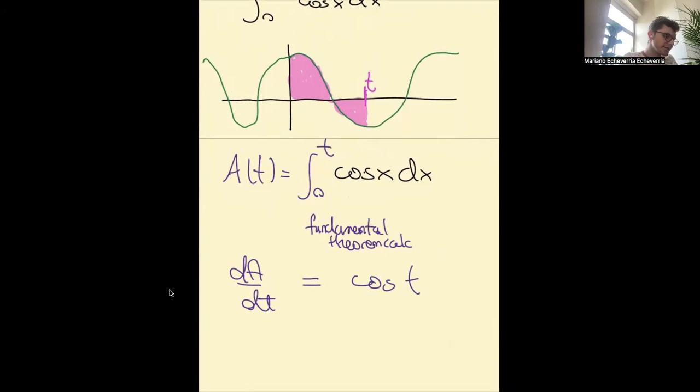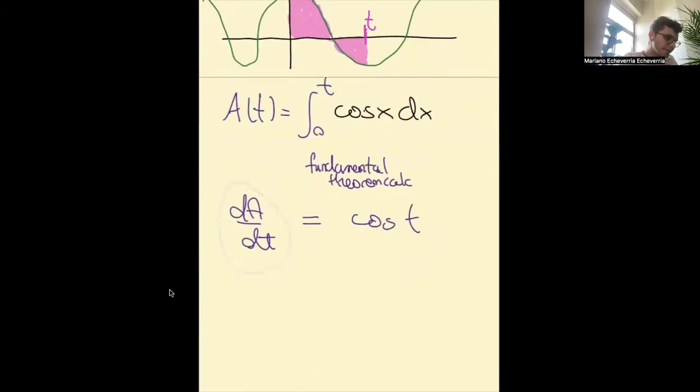But now you ask the same question. Now we're trying to find a function whose derivative gives you cosine of t. So of all the functions that we have seen in the past, was there a function whose derivative gave you cosine?